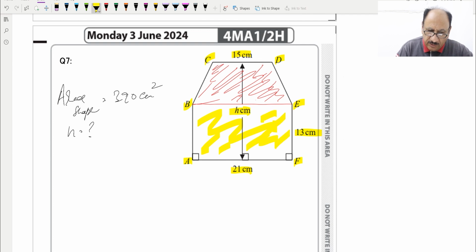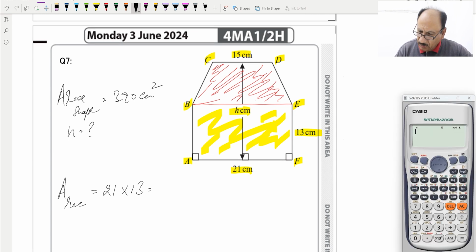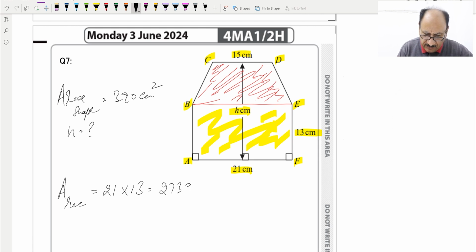So we can find the area of trapezium and rectangle. So first of all, area of rectangle will be equal to 21 multiplied by 13, which is equal to 273 centimeters square, and remaining area will be what?